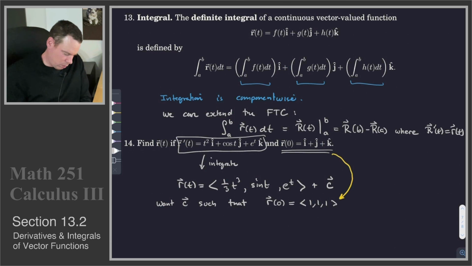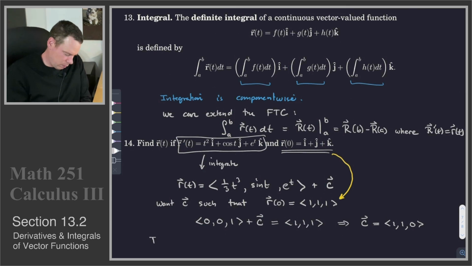Well, we've just constructed what r is. So plugging in 0, we get 1/3 of 0 cubed, sine of 0, and e to the 0, plus this constant vector c is equal to 1, 1, 1. And so that tells us that c has to be 1, 1, and 0.